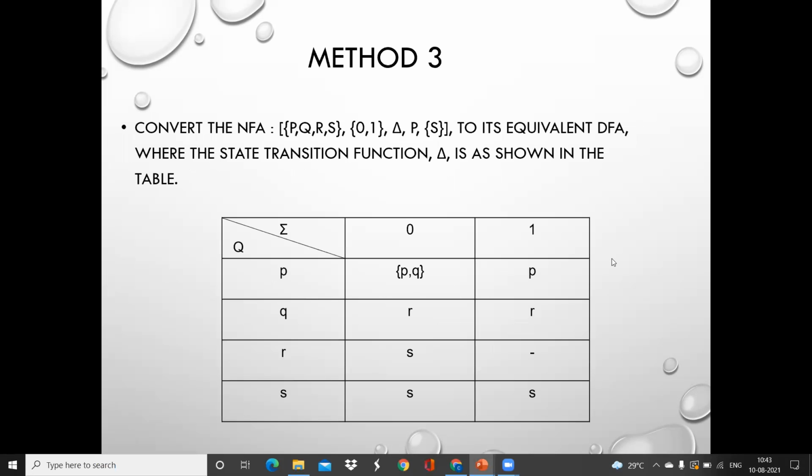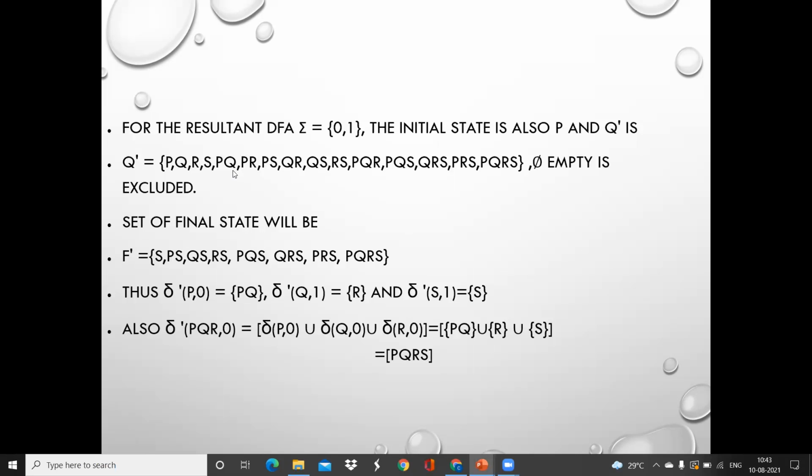But when you have combination states like PQRS or PQR, PQS, how will you find the transition? Because these are the states of DFA, how do we find the transition on input symbol 0 and 1?